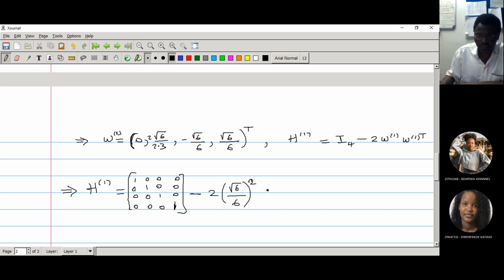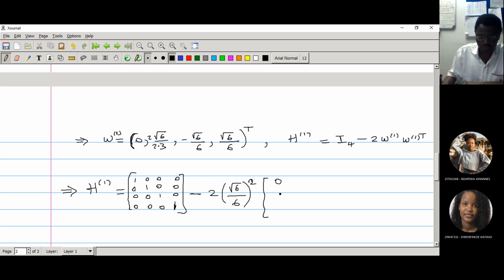Okay, so if I do that now for W1, which is a column vector, because remember when we write this, a vector is a column vector. So we have a column vector here. And then we have the first entry here, which is 0. Remember, we factor square root of 6 by 6.